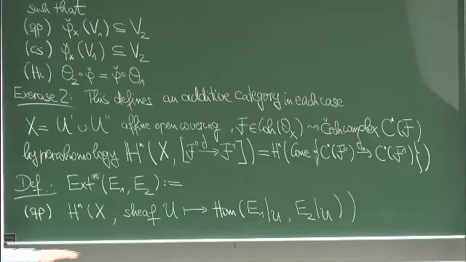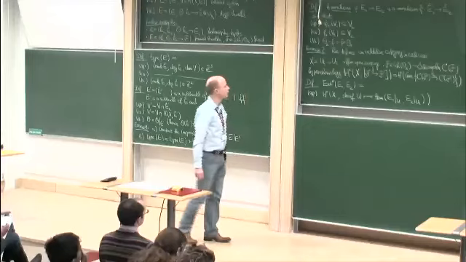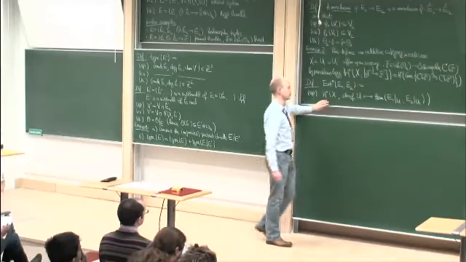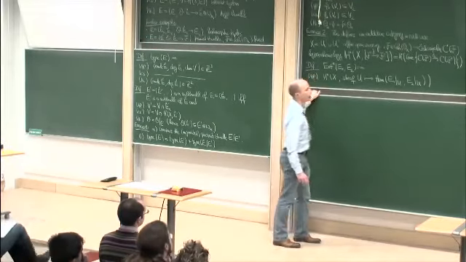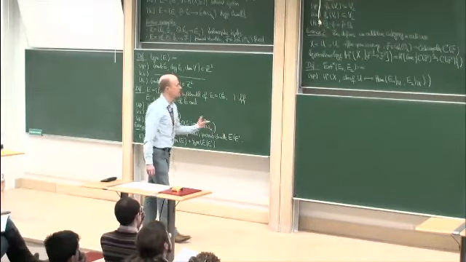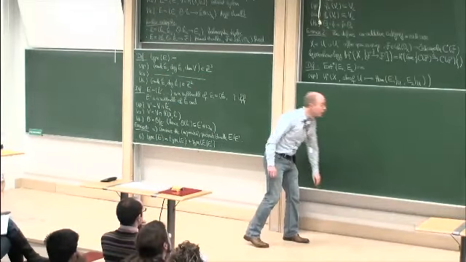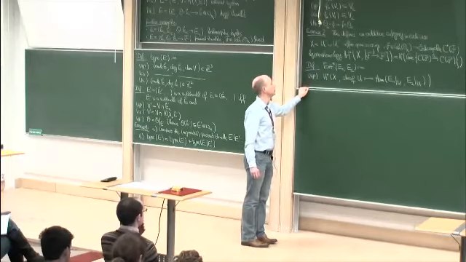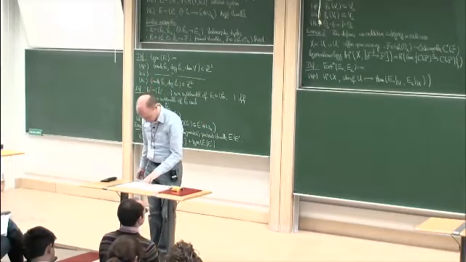So this is the sheaf of quasi-parabolic morphisms from E1 to E2, and its sheaf cohomology is the quasi-parabolic Ext groups. So that's an important invariant if you want to prove specific things about the geometry of the moduli space. You most likely end up trying to compute dimensions of such or prove that they vanish or things like that.